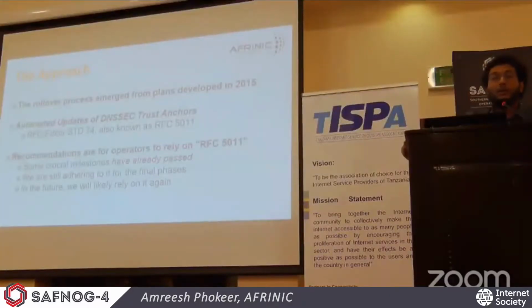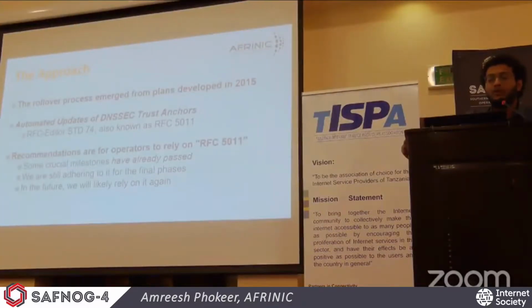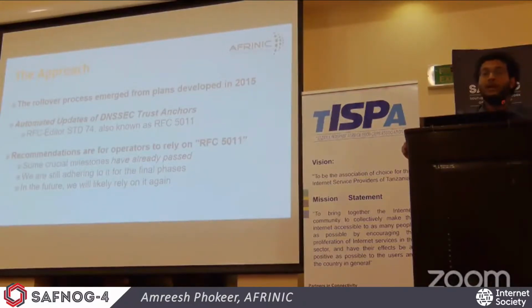Plans for the rollover were started back in 2015. They wanted to make sure that DNS resolvers out there in the wild, because you cannot know how many resolvers there are on the internet, it's almost impossible to count them, would pick up the new key. So they came up with a standard at the IETF called RFC 5011, for automated updates of DNSSEC trust anchors.